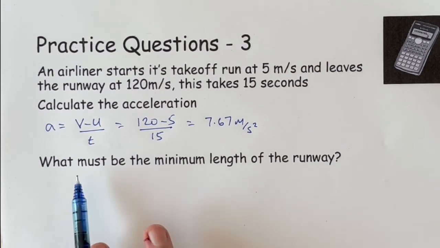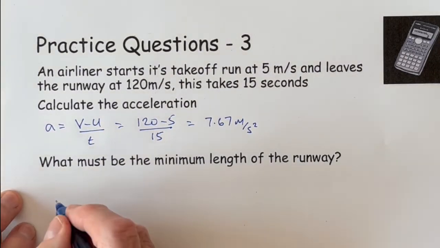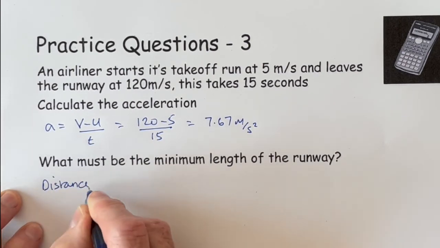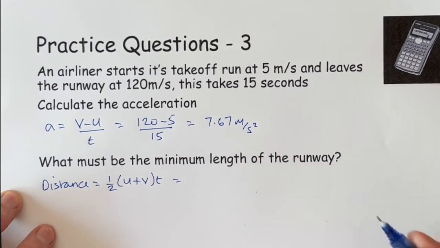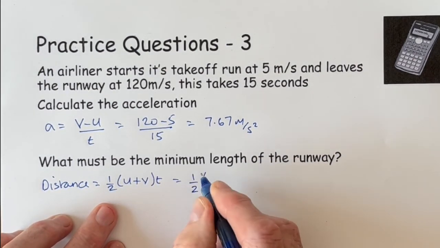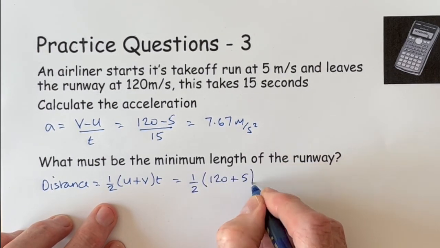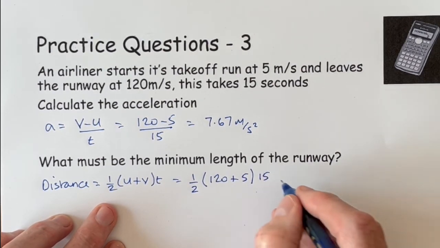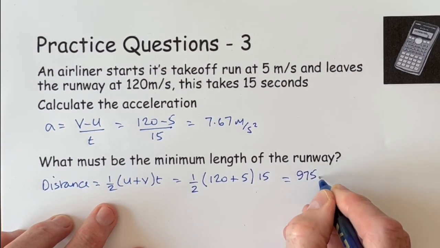The second part, what must be the minimum length of the runway? So for this, we can use this equation here, where distance is a half u plus v times t. So put the numbers in here, half, and then u plus v is 120 plus 5, multiplied by t, which is 15, and when that's all multiplied through, that comes to 975 meters.